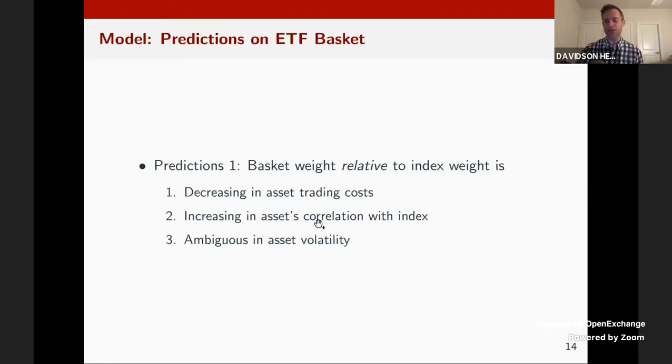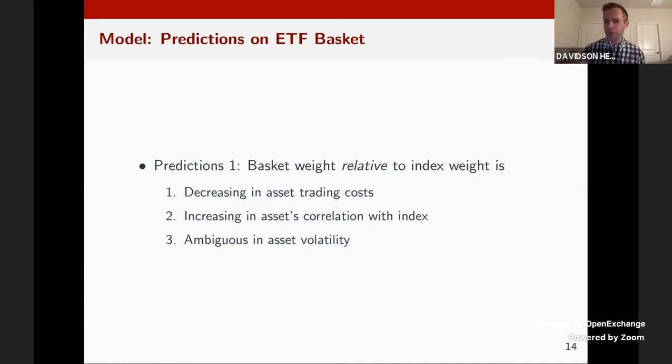It is increasing in the asset's correlation with the index. And this wasn't totally intuitive to us until we realized, wait a second, as the ETF provider, if there's an asset that's highly, highly correlated with the index, then by buying it, I'm getting extra bang for my buck.